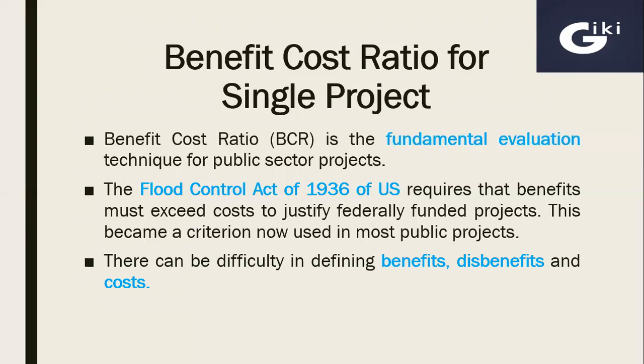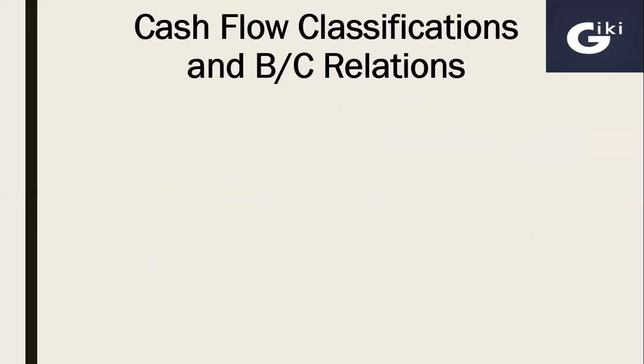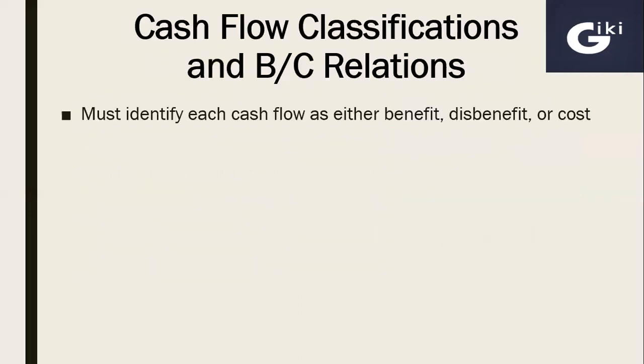But the most important aspect of calculating the benefit cost ratio is to differentiate and understand benefits, costs, and disbenefits. Now, one must identify each cash flow as either a benefit, disbenefit, or cost. I have explained briefly earlier what we mean by benefits, disbenefits, and cost. So let's repeat it again.